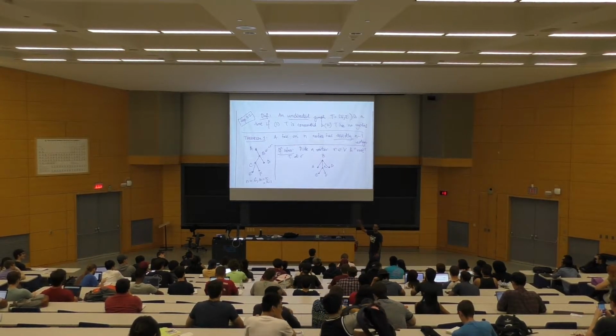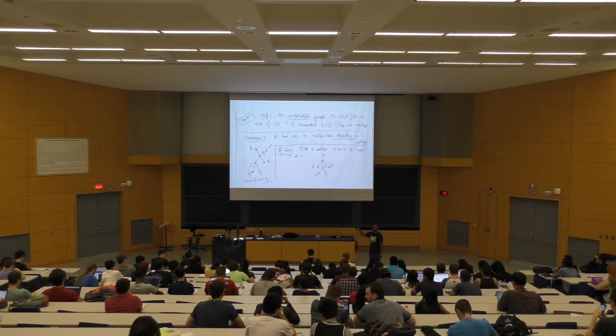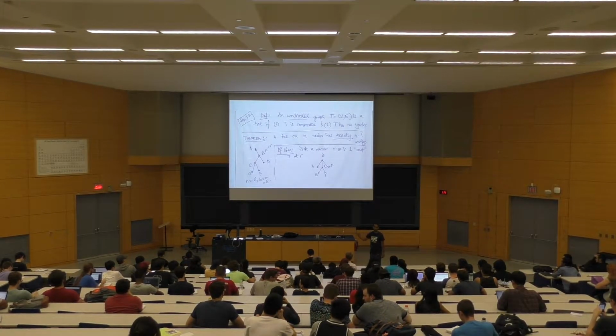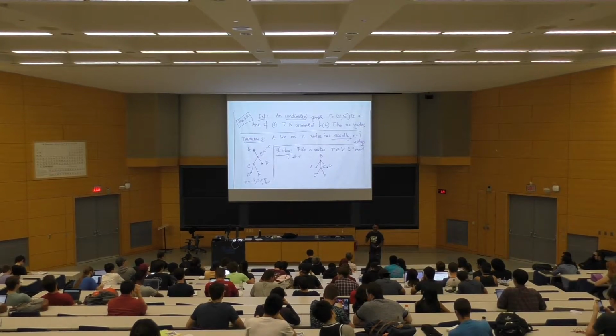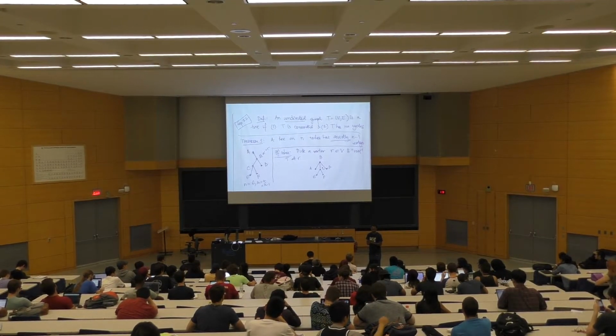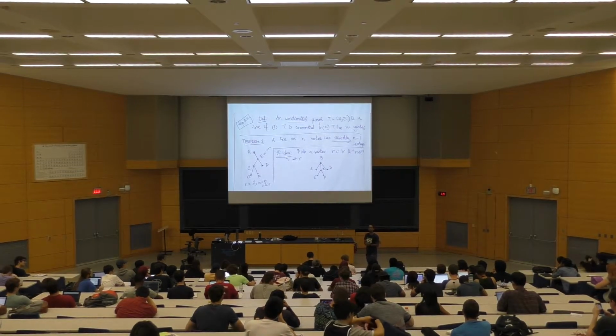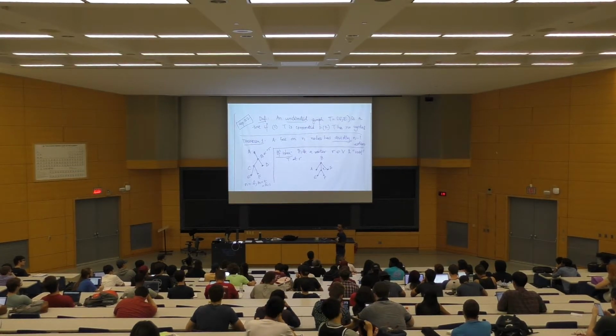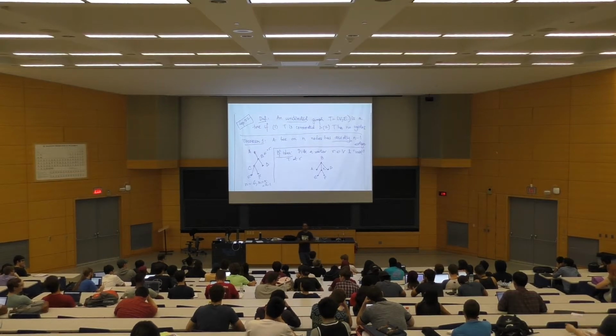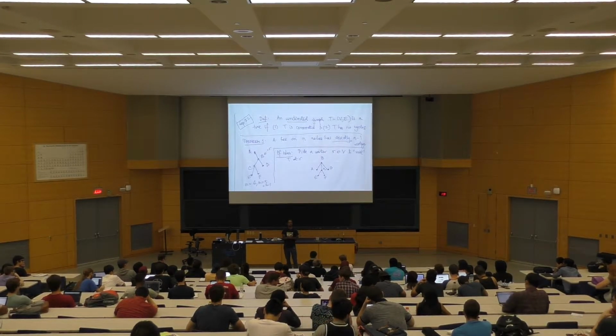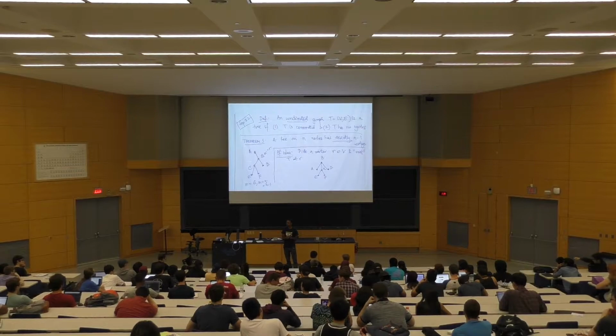So the point is, whatever proof I'm going to talk about, you can arbitrarily pick any vertex as a root, and the proof will just go through. There's nothing special about any specific vertex that I pick as a root. Any other questions? Everyone okay with rooting?